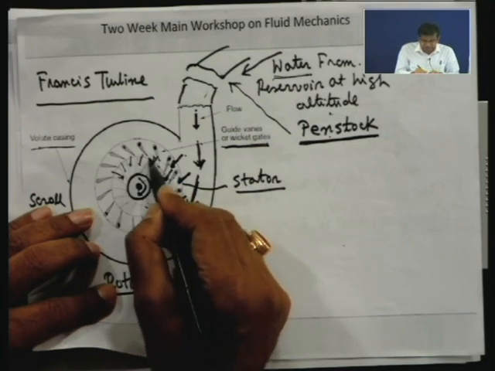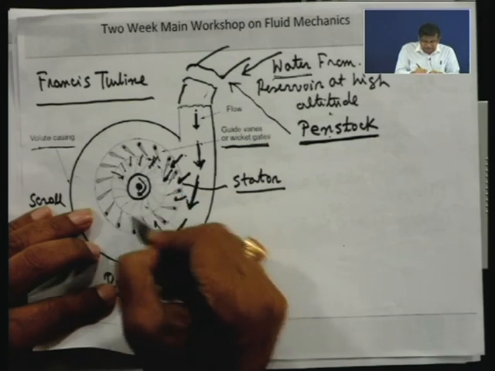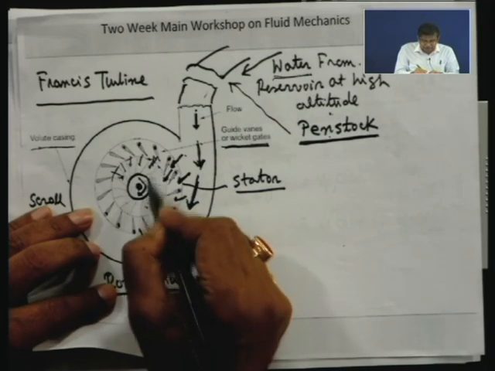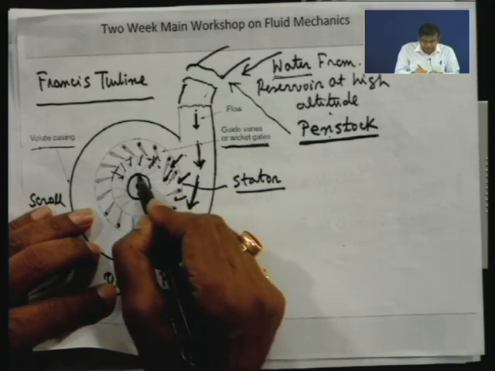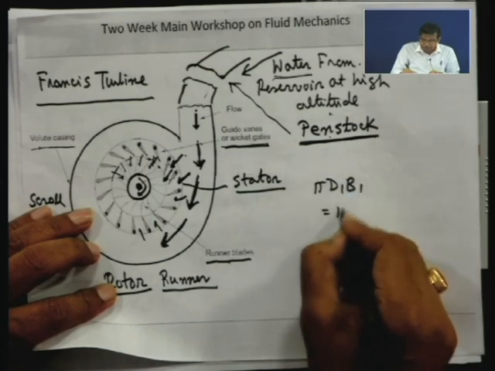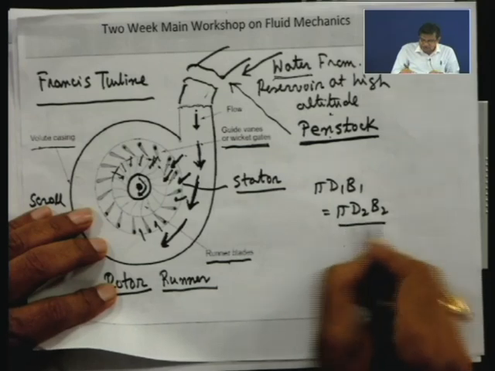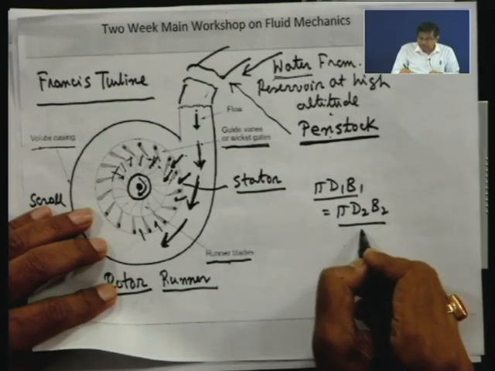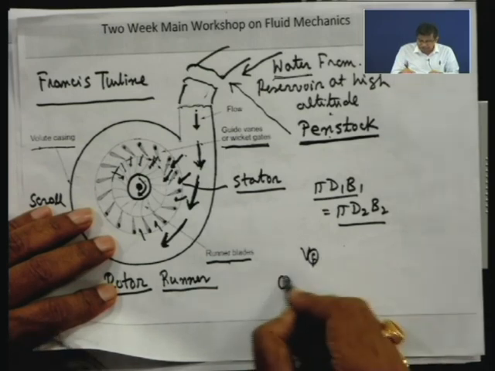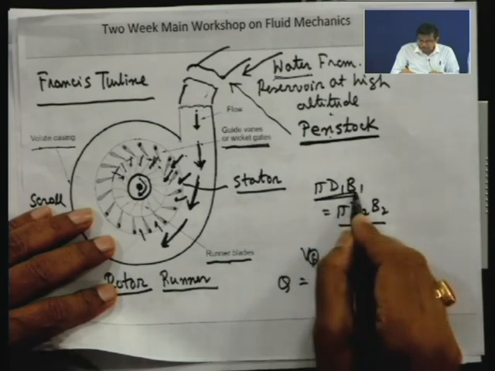So this is the width or height of the runner, and the area is pi d, the circumference, times this, and pi d1 b1 is pi d2 b2. So this width is accordingly changed so that this is satisfied. Why? Because Vf is the same, because Q is flow velocity times the cross sectional area, which is either this or this.